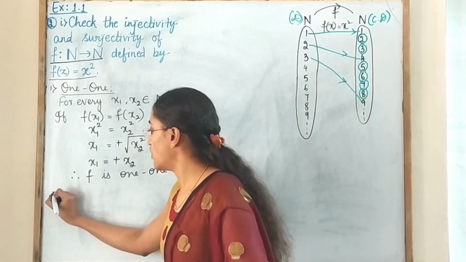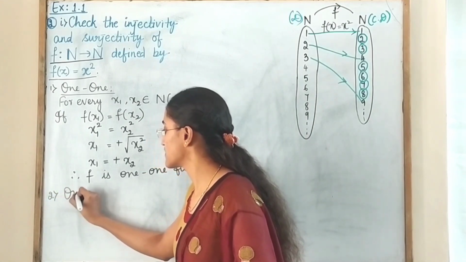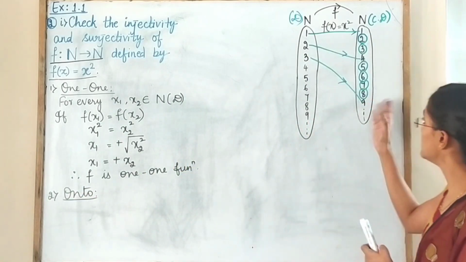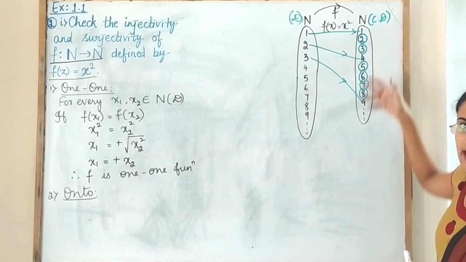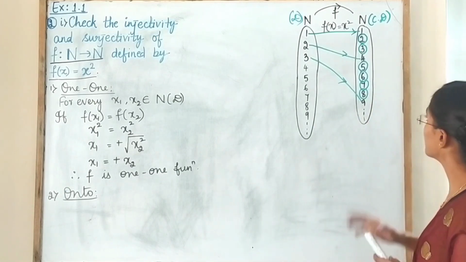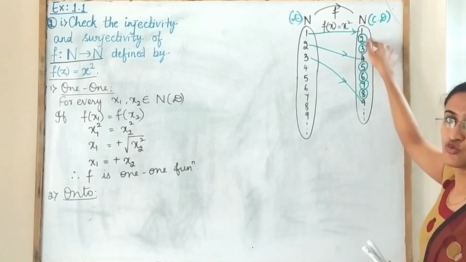Now, for the onto function, according to the definition, you can go on looking here. Choose any number randomly, because I am trying to give a counter example now. Now, if I am choosing an element 2, right?